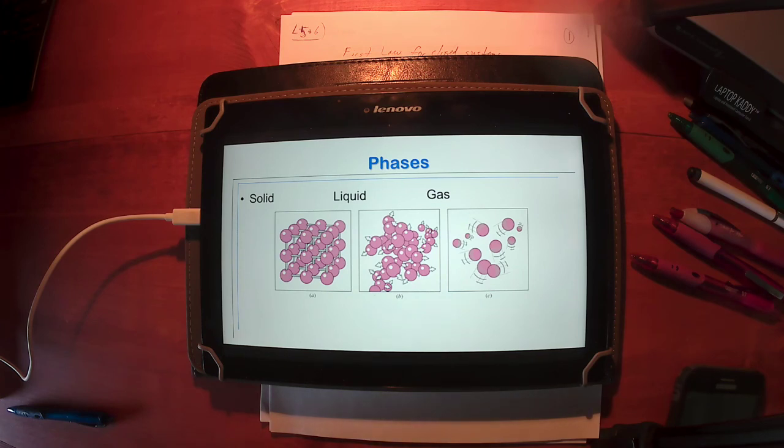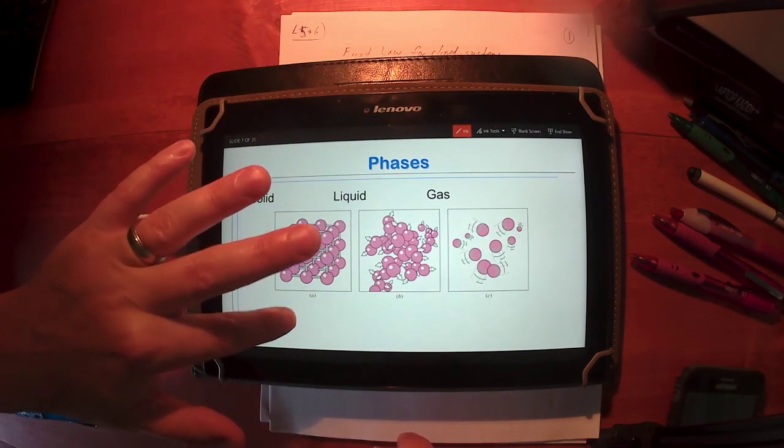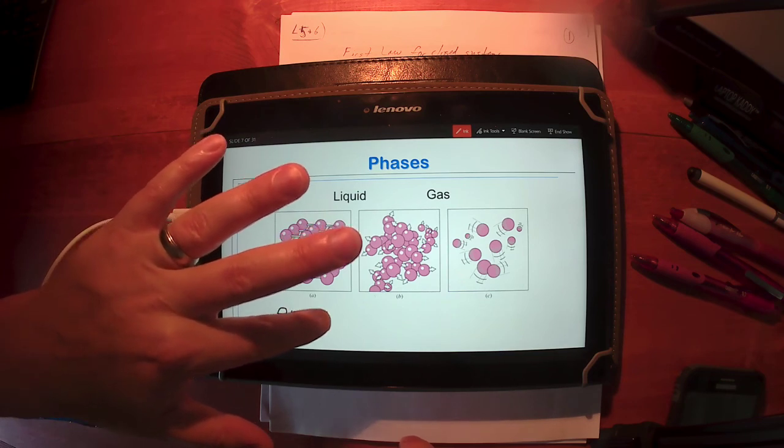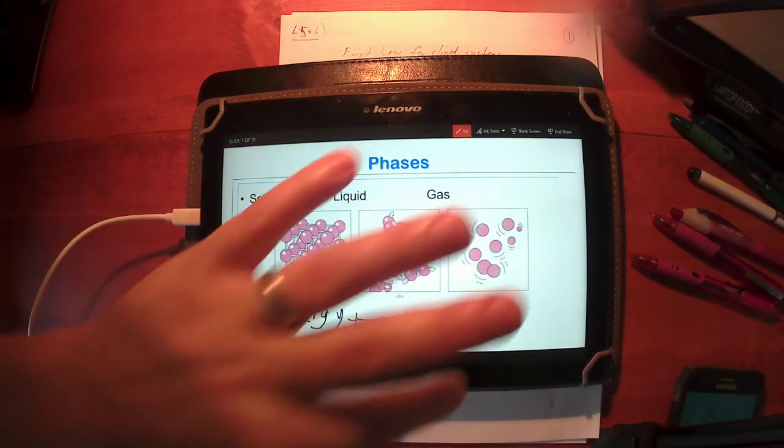They don't have to clump together, and they can move very chaotically and very erratically. Very high energy state. So you're increasing energy as you move this direction.